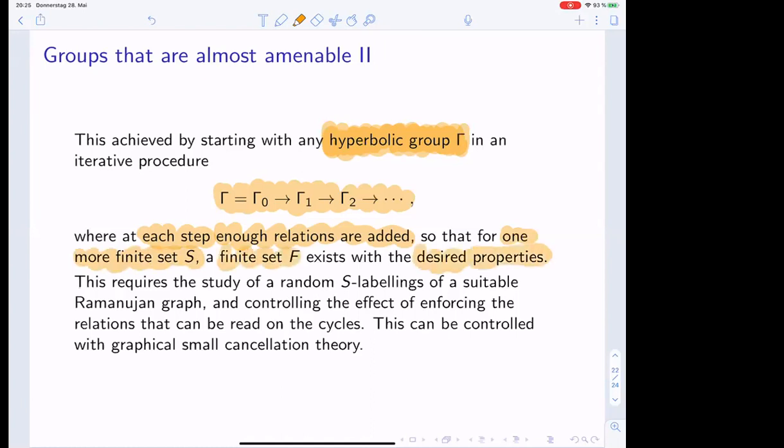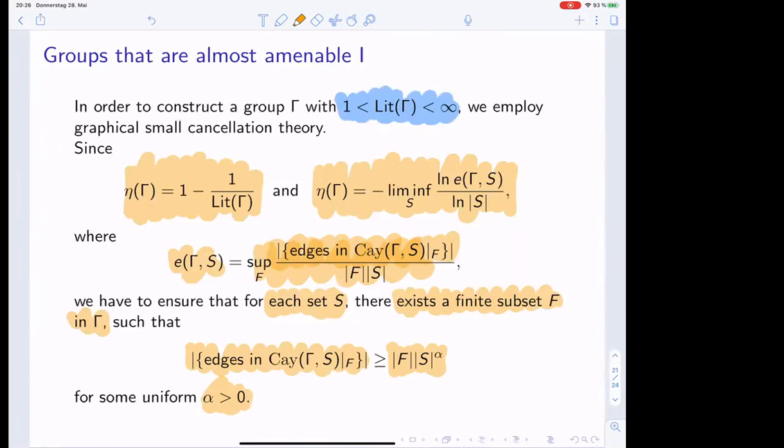It's an inductive process, and we enumerate all the possible finite generating sets of gamma, and then one by one, we will add enough relations to ensure the existence of some incredibly large finite set F, which is still reasonably closed with respect to S, in the sense that we have this inequality.